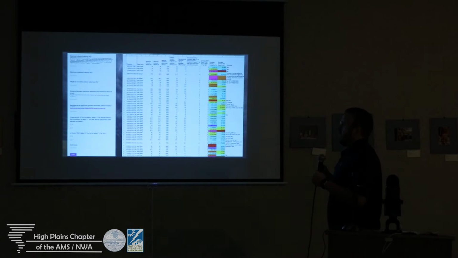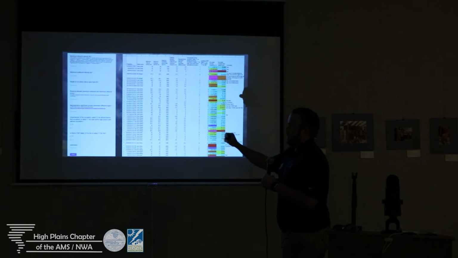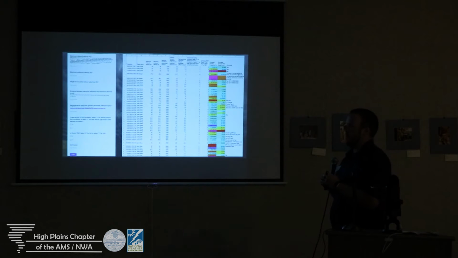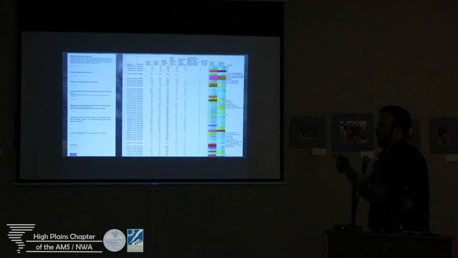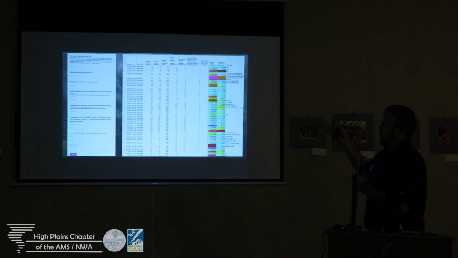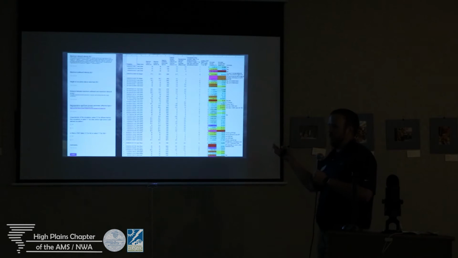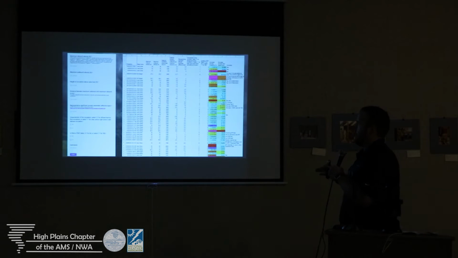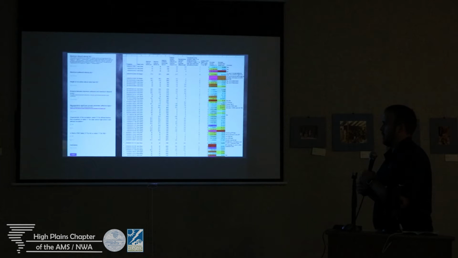Then some others are judgment based: if the circulation is well defined or more diffuse, you either do a 0 or 1, and whether a TDS is noted. That plots over into another Google sheet, and it'll give you the tornado probability and estimated wind speed. We focus more on the tornado probability throughout this research project.